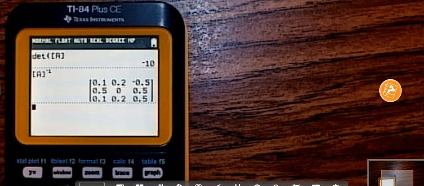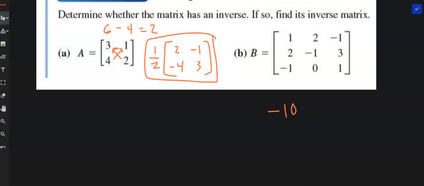So not only are we going to find determinants of a 3 by 3, but with the calculator, we're also going to find the inverse. We're not going to do it by hand. I know I'm making you do it by hand with a 2 by 2, but that's because it's easier.